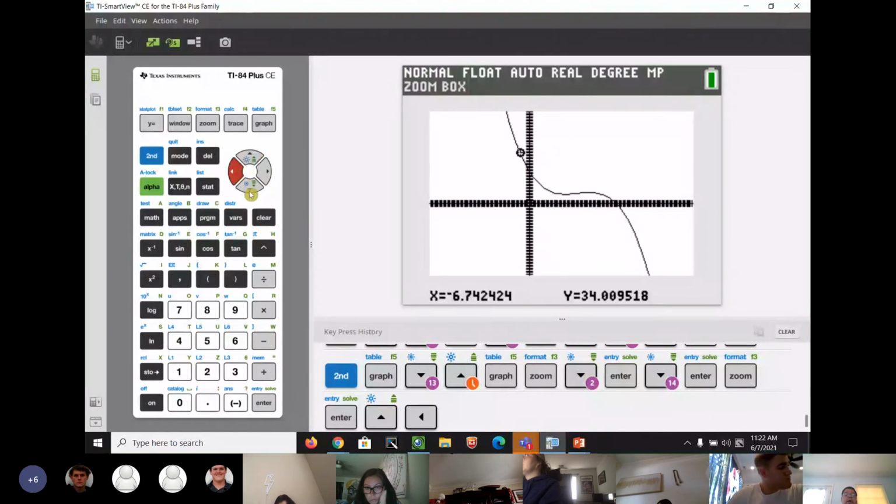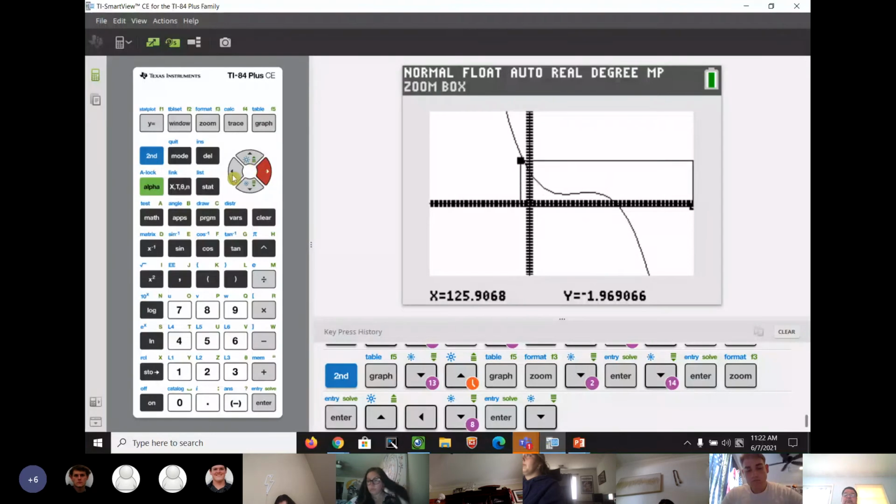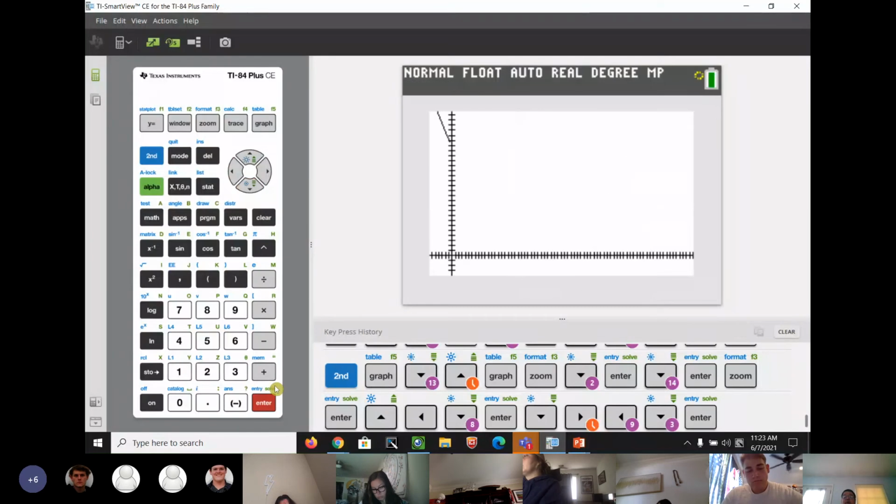Make sure I get the Y-Intercept in. Enter. And then I'm going to get the max and the min. And don't hit that. And there is mine. I'm going to hit enter. And there is what you need. So I'm going to draw that graph.